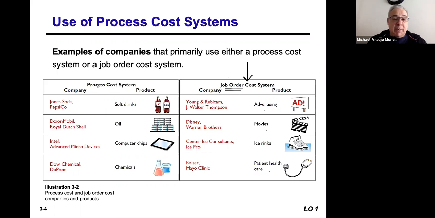For other types of companies, what's going to work for them is a process cost system. So whether it's soft drinks or computer chips or chemicals, it's a similar product with a similar process, and so it makes it easier for them to use the process cost system.